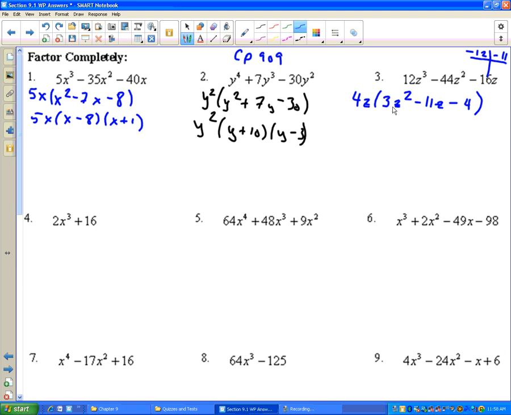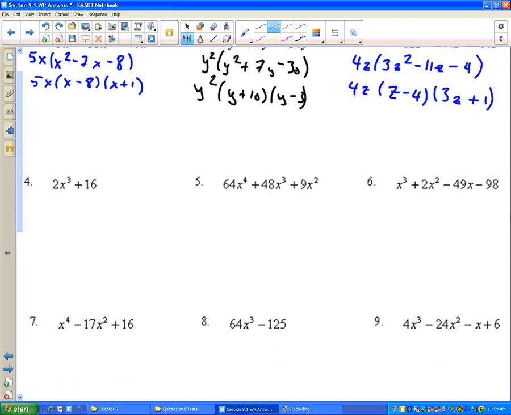So I'm going to write these as my fractions, 3z over negative 12 and 3z over positive 1. This will reduce to z minus 4. This doesn't reduce, so it becomes 3z plus 1. And that's fully factored.